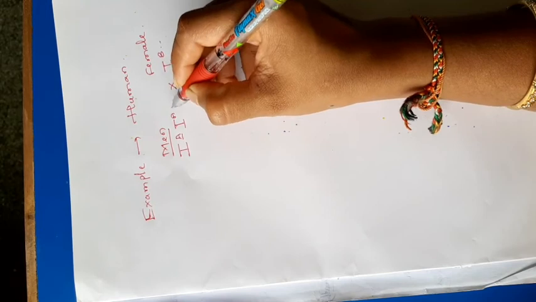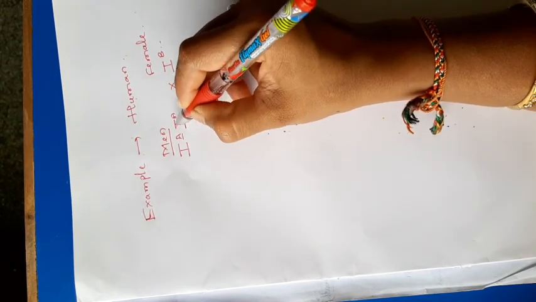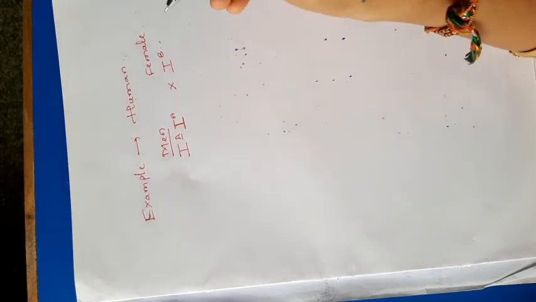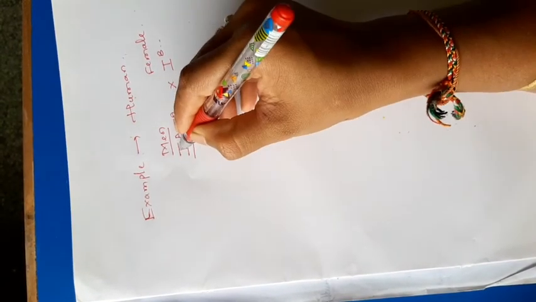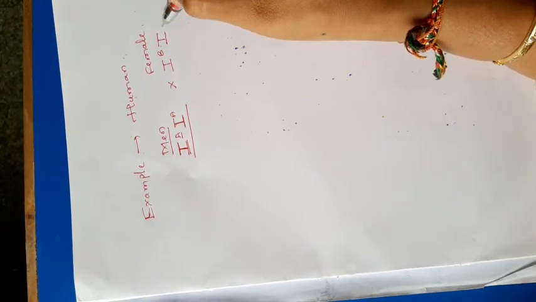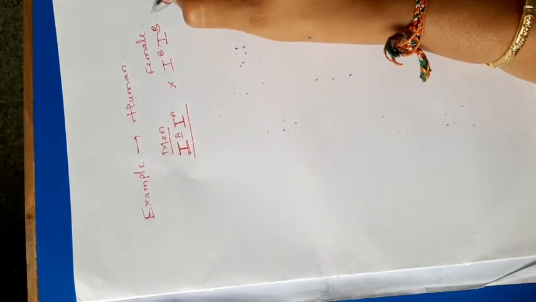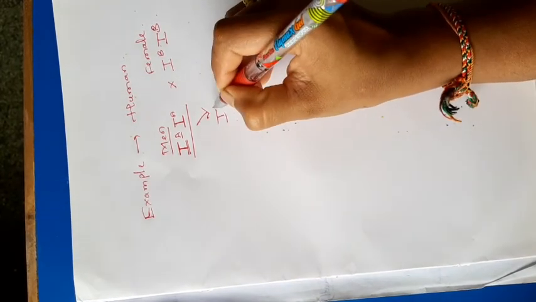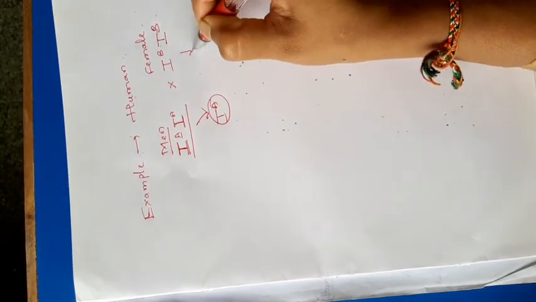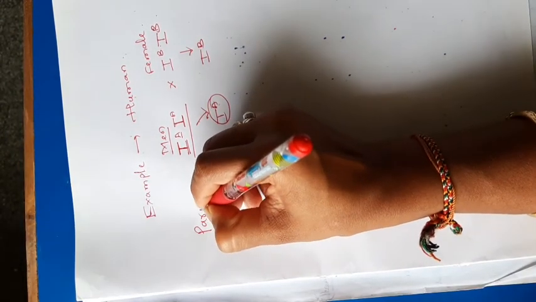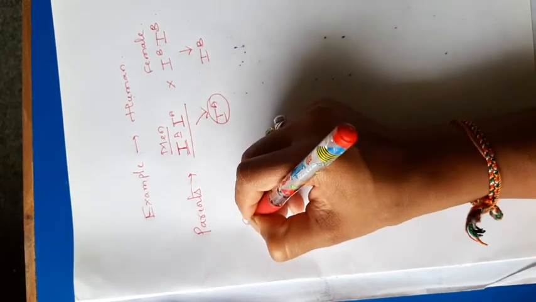I told that human beings are diploid. That's why we represent that diploid condition with the two homologous chromosomes with the two alleles. The man forms IA gametes, the woman forms IB gametes. Here I will write them as parents. These are the gametes.